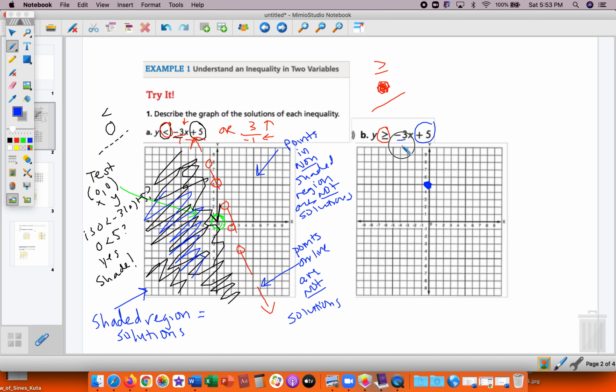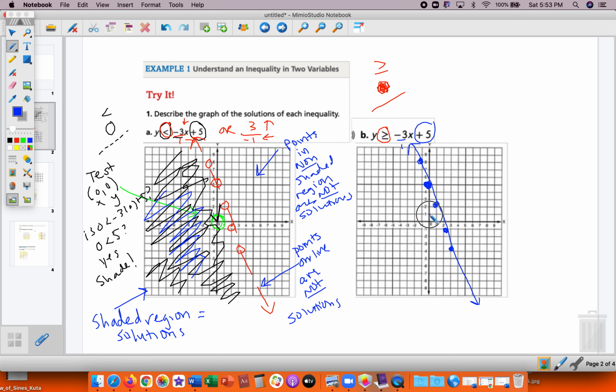Again, the slope is -3, so we can go down 3, right 1, or up 3, left 1.